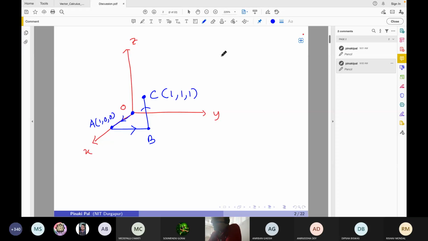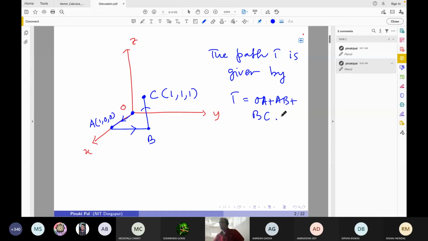So the path, say gamma, is given by gamma is equal to OA plus AB plus BC, which is the entire path.